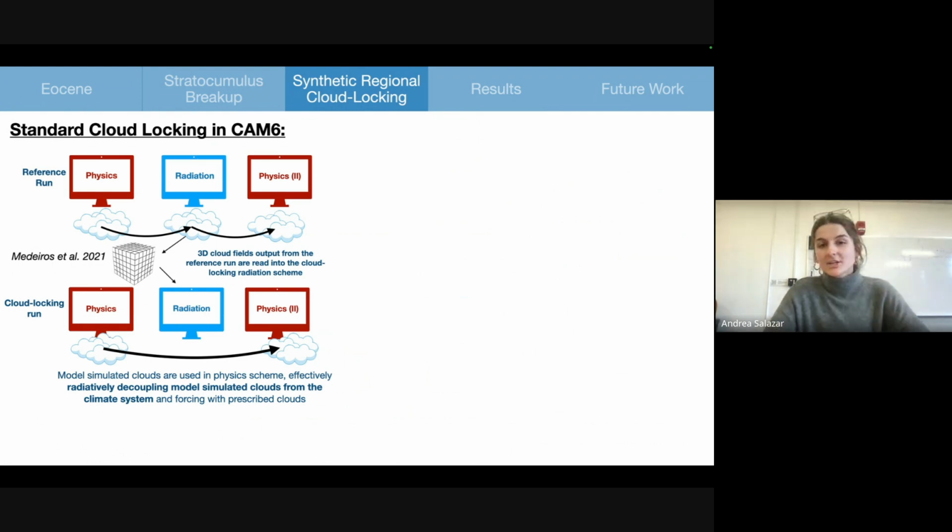However, when the radiation scheme is called, you input clouds from a reference run rather than putting in the clouds that the model itself is making. And in this way, you decouple the clouds radiatively from the climate system. So this would be very helpful, for instance, if you were trying to quantify the cloud effect of climate sensitivity, if you were doing like an abrupt 4x CO2 case or something.